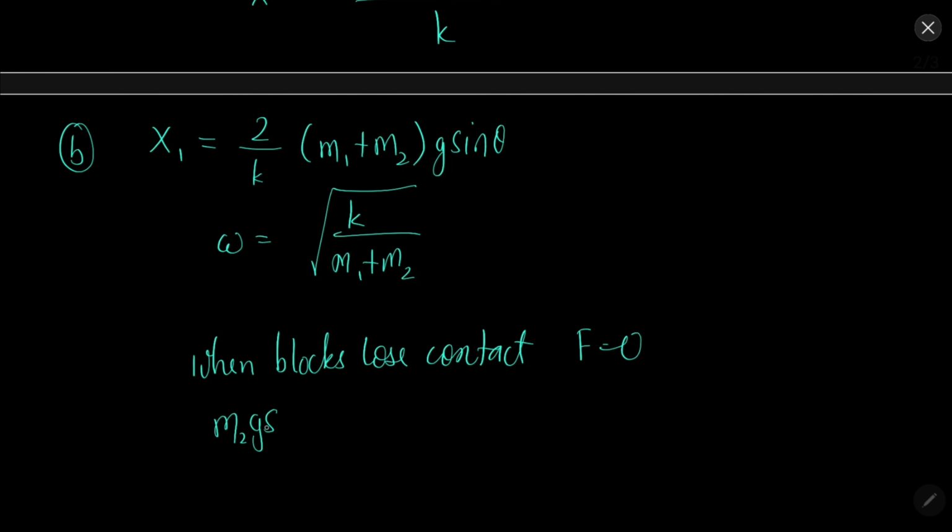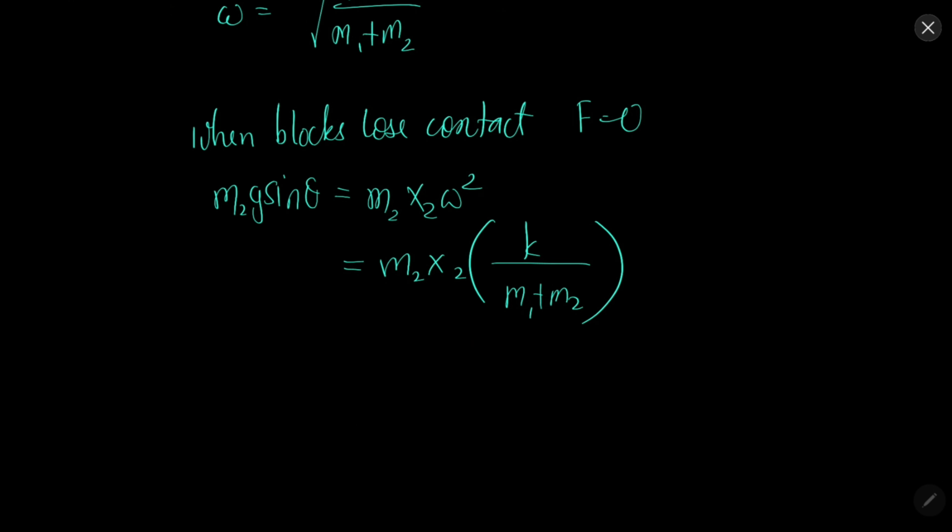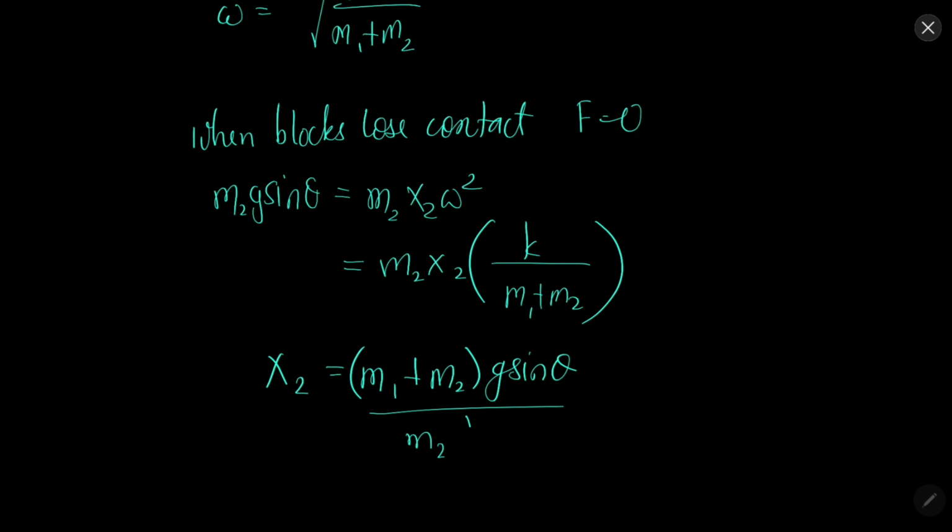So m2 g sin theta will be equal to m2 x2 omega square, which will be m2 x2 k over m1 plus m2, putting the value of omega square, and x2 will be m1 plus m2 g sin theta over m2 k.